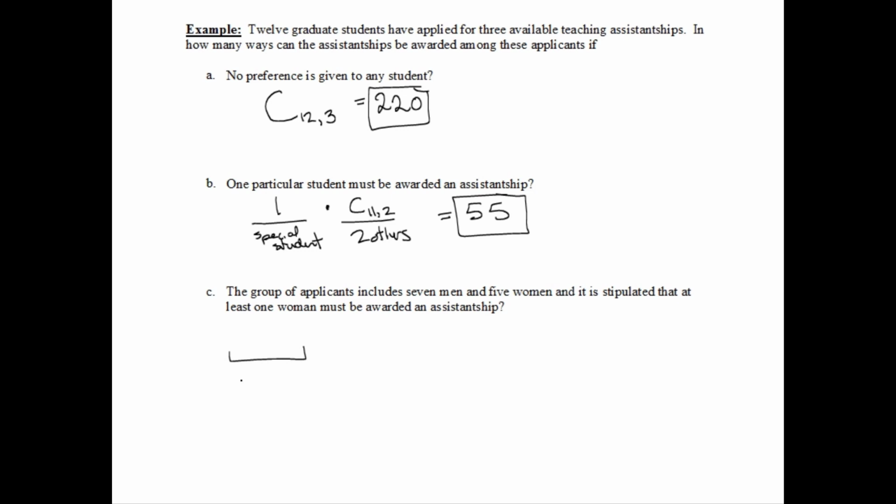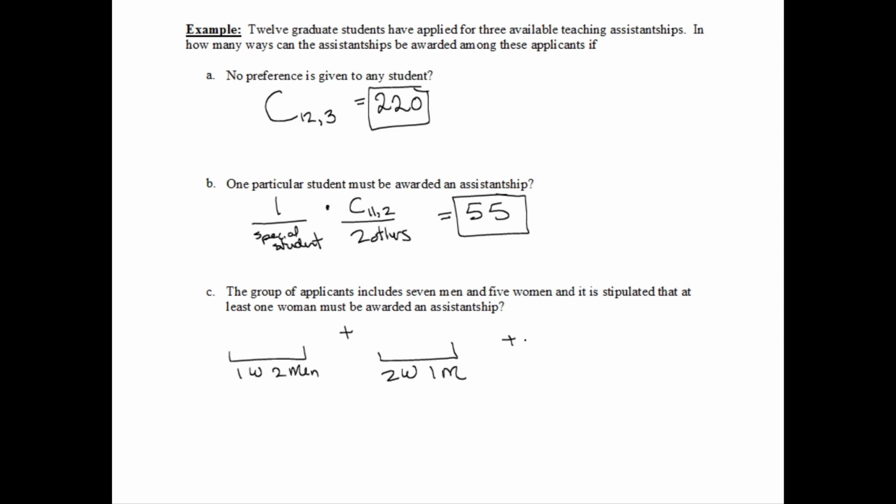In our assistantships, one possibility is that we can have one woman and two men, right? And we're going to have a certain number of possibilities that the 3 assistantships can be awarded this way. But then we're going to have some more possibilities where we have 2 women and just 1 man. And there's going to be a certain number of these.